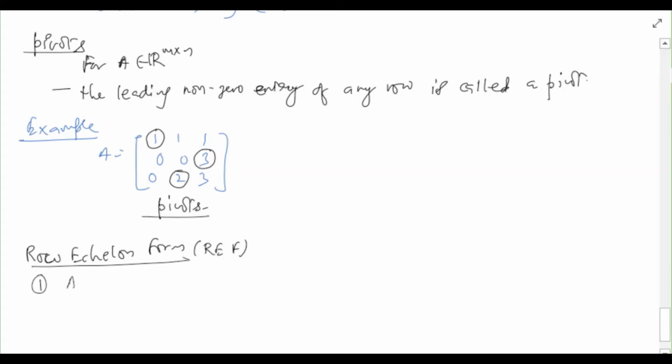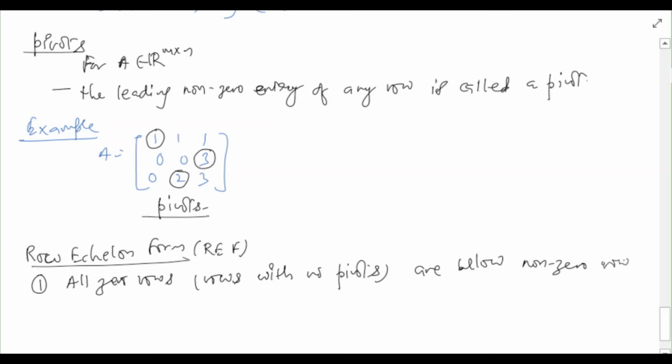First condition is all zero rows, that is rows with no pivots, are below non-zero rows, rows with pivots.